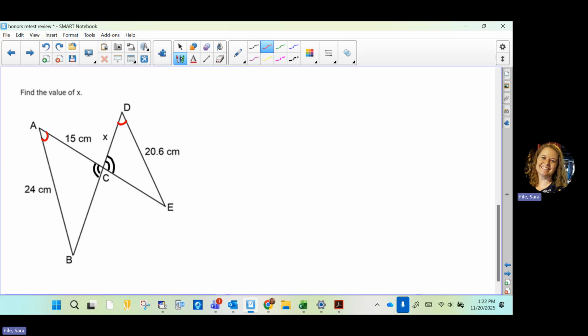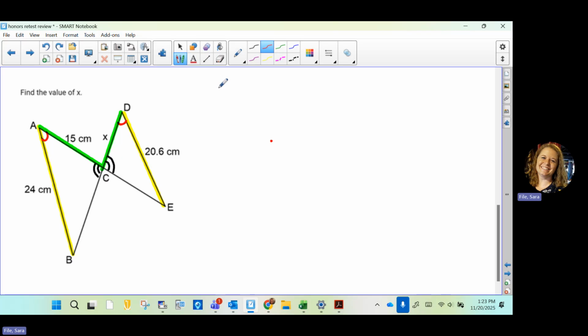So now I'm going to color code my corresponding sides. So DC, that goes from one arc to two arcs, would correspond to AC. DE, that goes from one arc to no arc, would correspond to AB. So I've highlighted which ones correspond to each other so that it's going to make setting up my proportion easier.